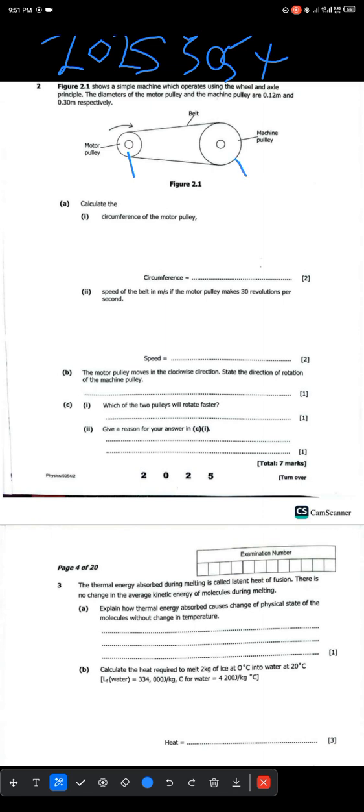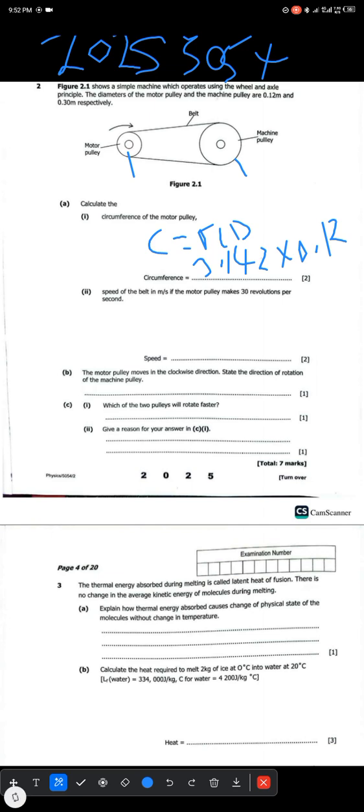So the first question is asking us to find the circumference of the motor pulley. If you remember in mathematics, the formula for finding the circumference is circumference equals pi d, where d is the diameter. So our pi is 3.142, then our diameter in this case is 0.12.